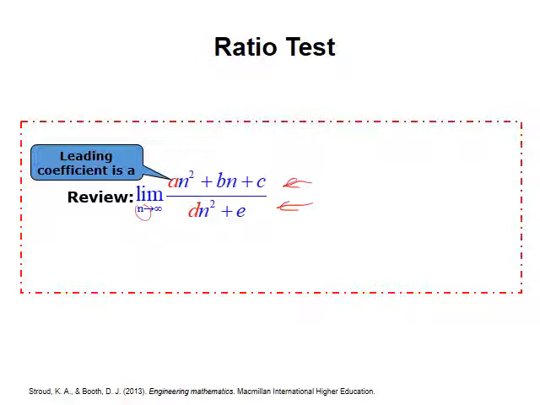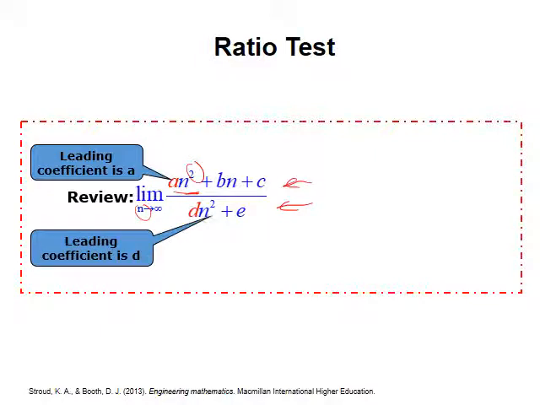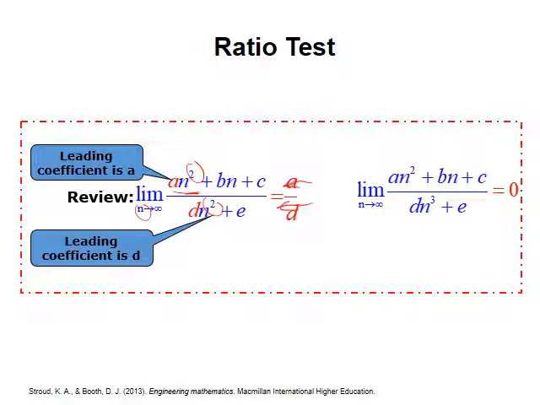As an example, in the numerator, with leading coefficient a, the highest is n to the power 2, and for the denominator, the highest is 2. We always look at the highest. It's 2 for both of them, so that's fine. Then we will divide all items by n squared. When we divide, I will show you once and you can understand it.